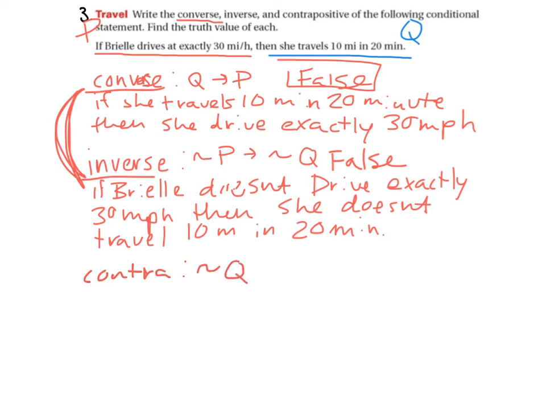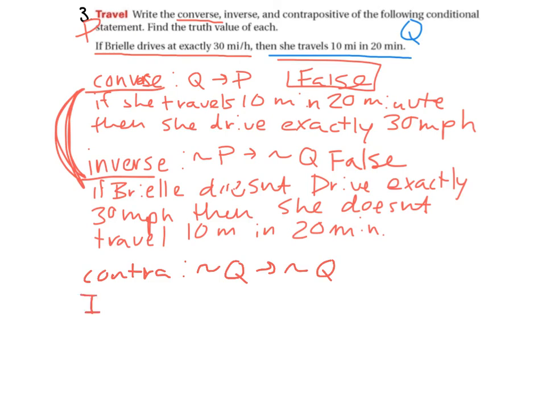If she doesn't travel 10 miles in 20 minutes, so not Q, then Brielle does not drive exactly 30 miles per hour.